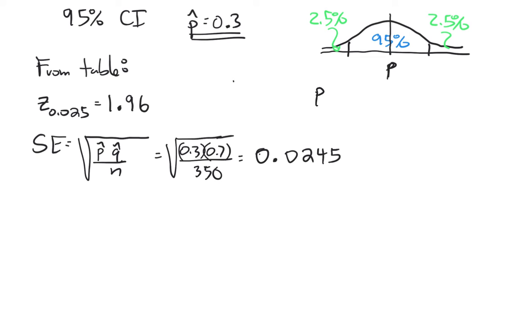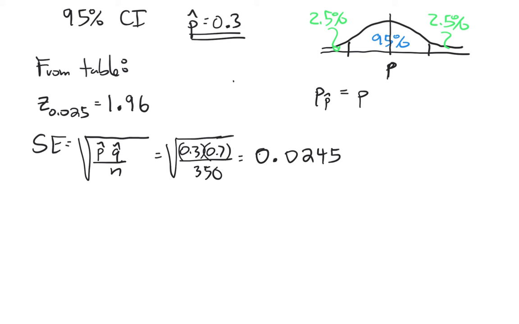I guess p hat is the same thing as the true proportion, so that's great. So we want a 95% confidence interval, so we need to figure out the middle 95% of our data, just like confidence intervals in means. Same idea works.